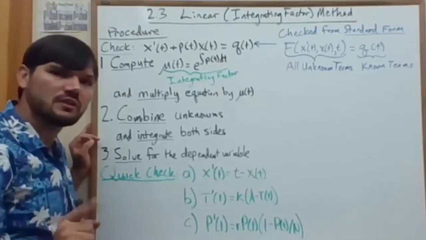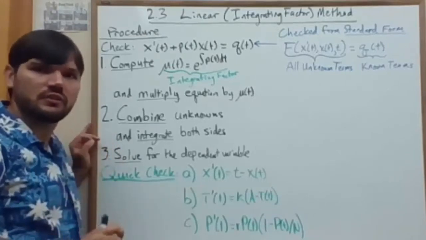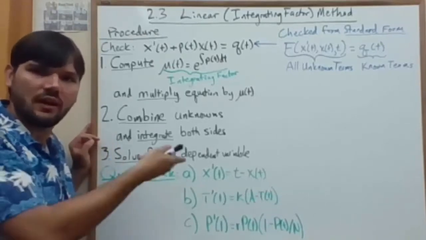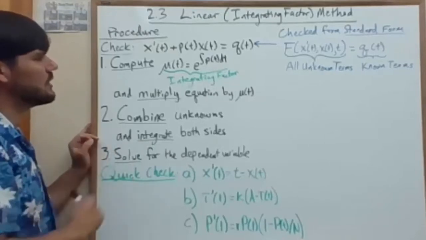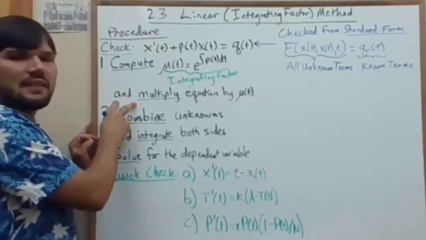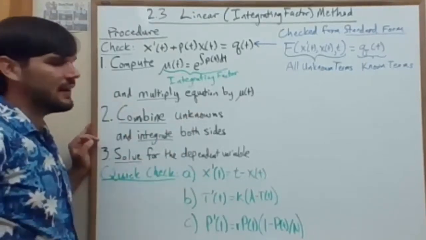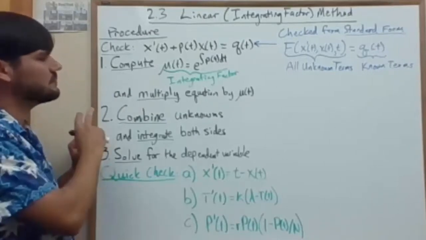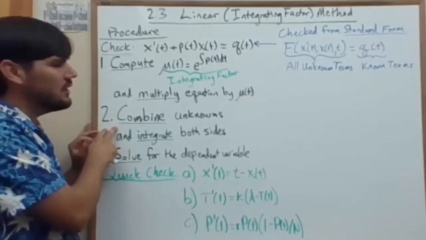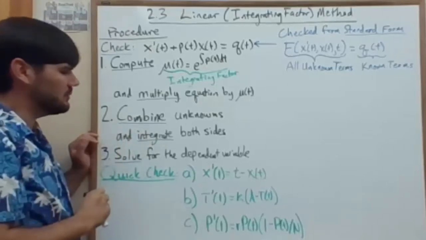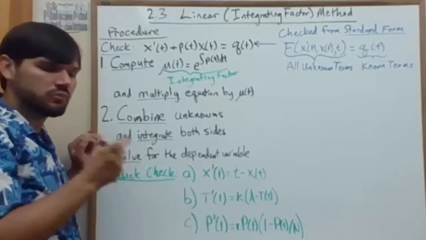So we can choose the simplest version of that integrating factor that is most helpful to us. So choose just one. And then you multiply the whole equation by that one integrating factor. Once you have it multiplied through, you combine the unknown terms using a reverse product rule.